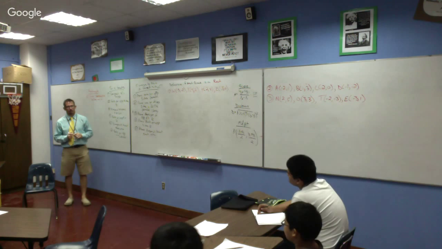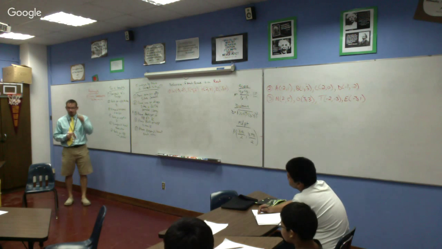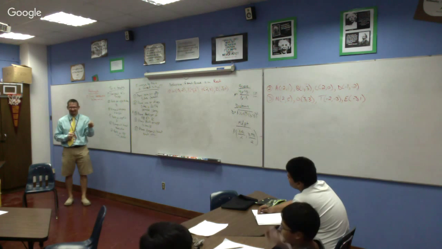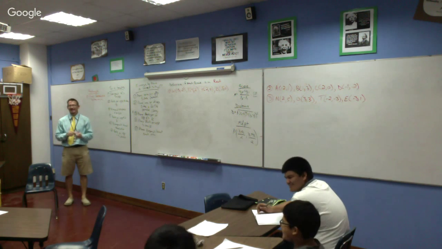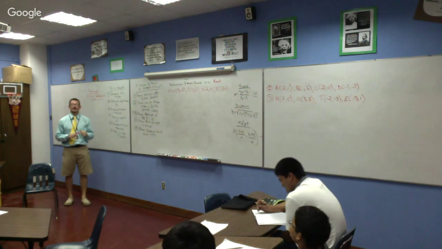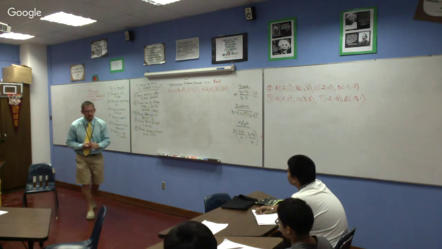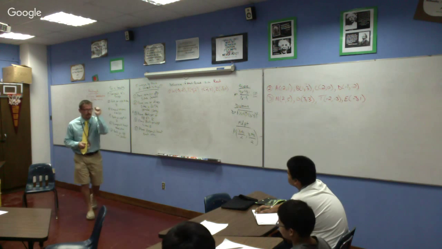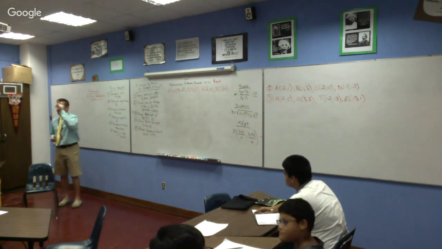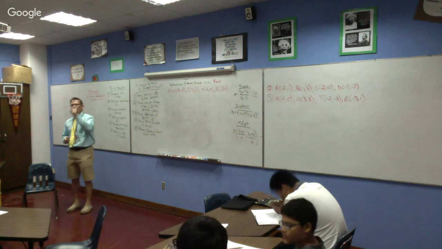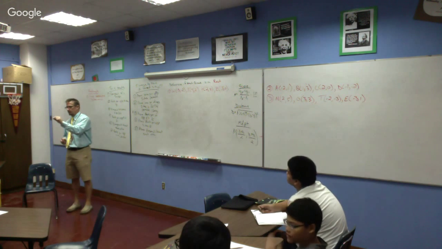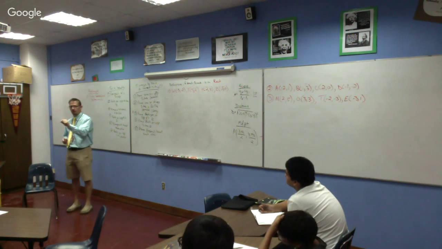Isn't the 5 ways to prove that a parallelogram also applies to the rectangle? Yes. So to take this to the next step, what do we have to do in order to prove that it's a rectangle?